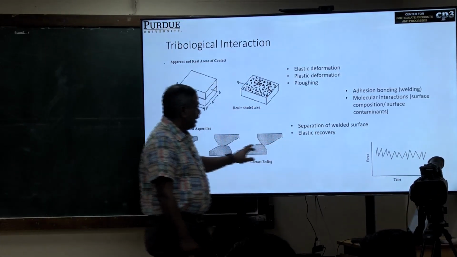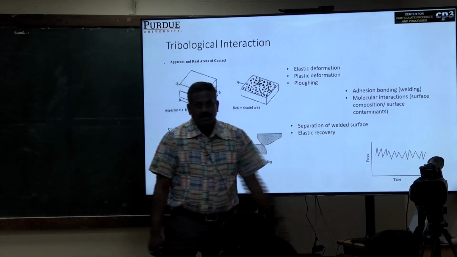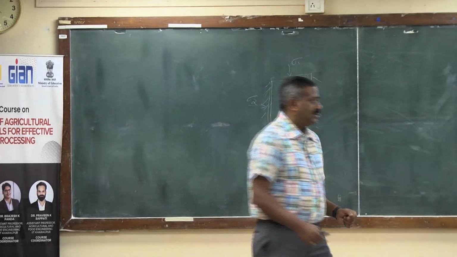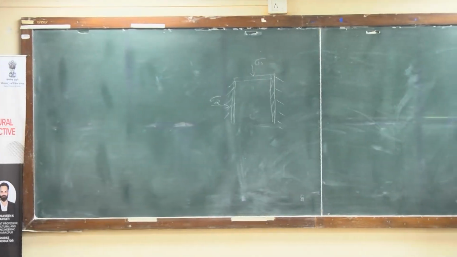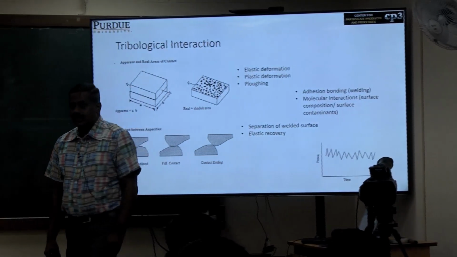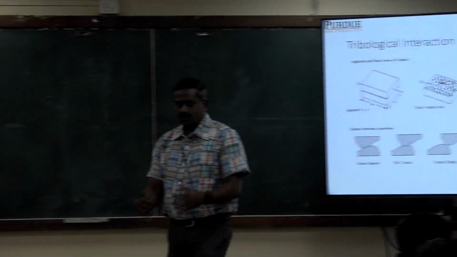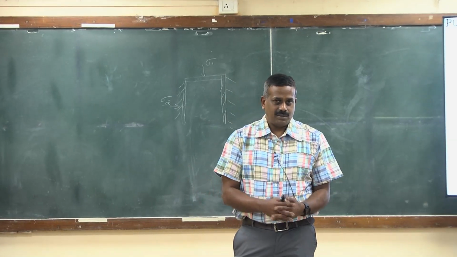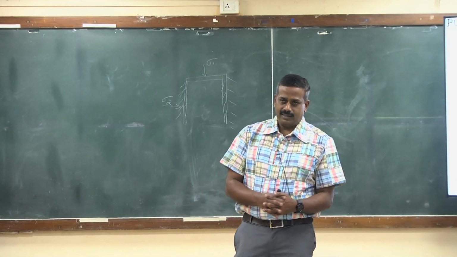Once the contact is almost ending, the adhesive or cohesive bonding separates, and then there will be some elastic recovery. If there is plastic deformation, you will not regain that, but whatever is elastically deformed, the material regains, right?